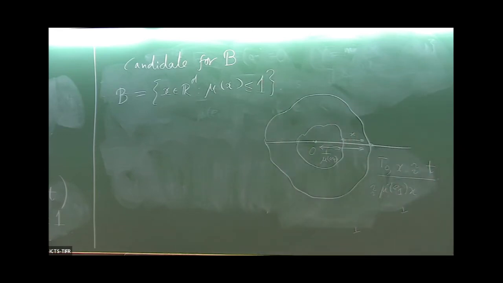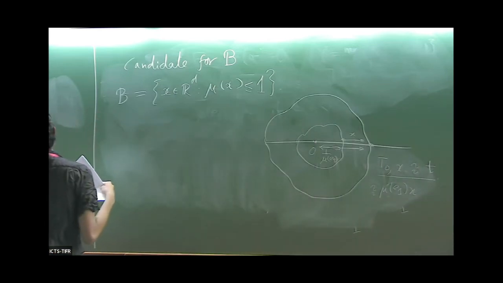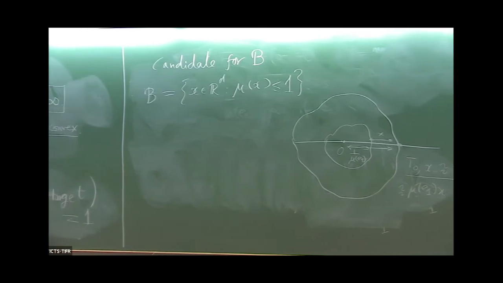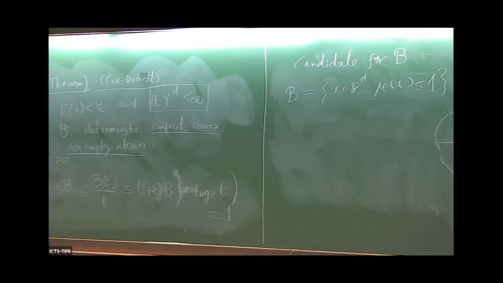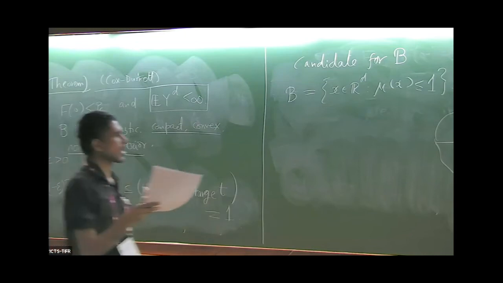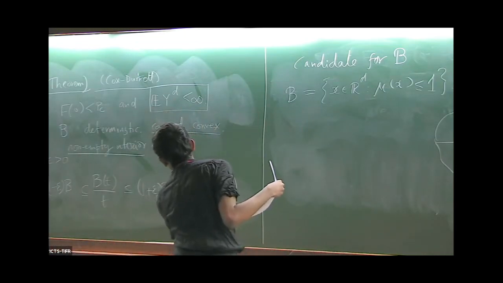We're going to prove that the shape theorem holds for that particular choice of B. The properties of B are immediately obvious because it is the unit ball of a norm in a finite dimensional vector space. So it must be compact, convex, and have non-empty interior containing 0. So the properties of B are all taken care of. All we need to show is that this particular choice of B satisfies the shape theorem.